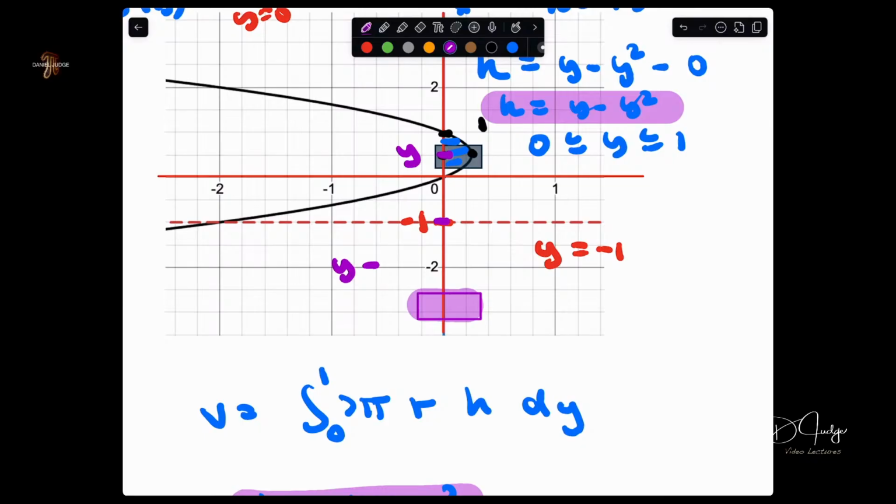Top minus bottom. Your radius is that y value minus -1. Top minus the bottom value. So now your radius value will be just y plus 1. Not too bad.